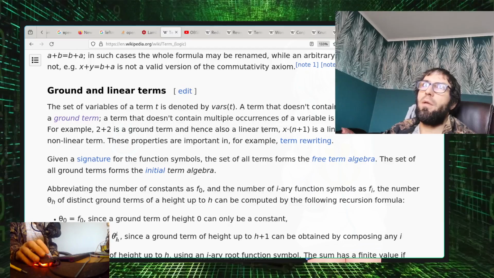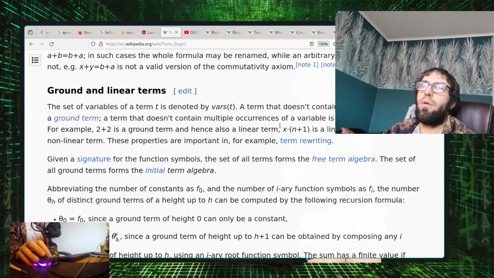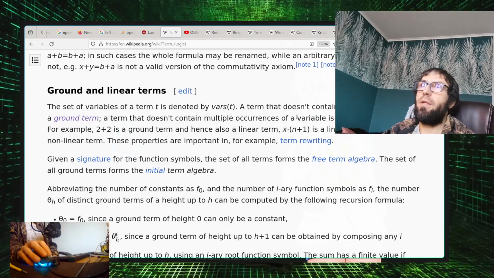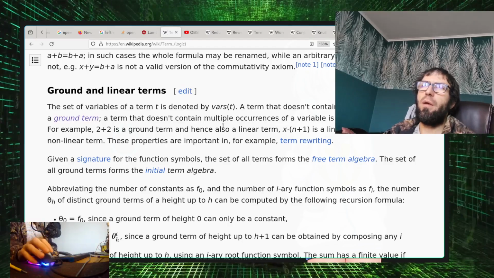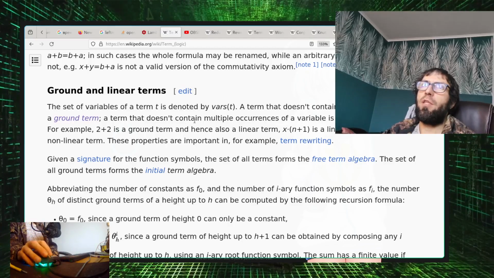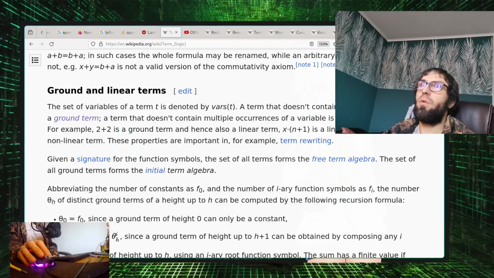And we can classify the terms by this: a term that doesn't contain any variables is called a ground term, so we just have constants there. A term that doesn't contain multiple occurrences of variables is called a linear term.